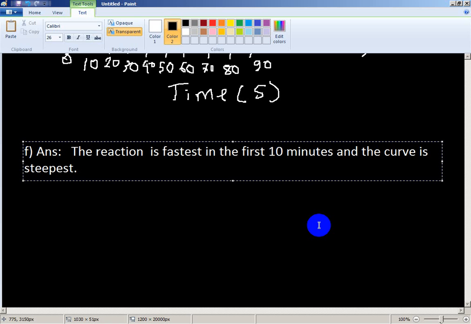Then it gets less steep, less steep as the reaction gets slower.